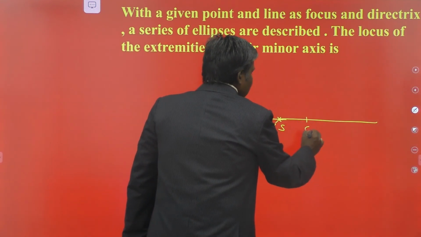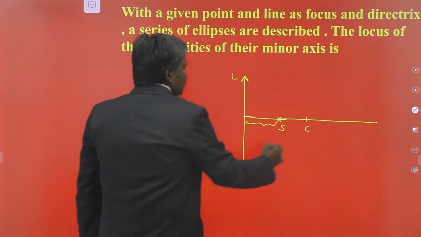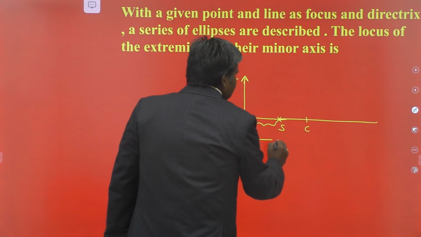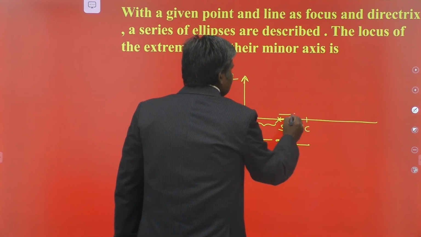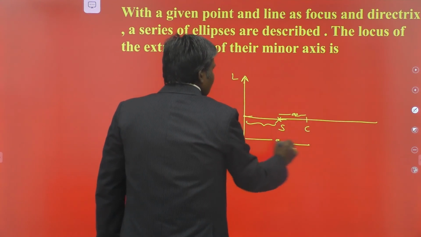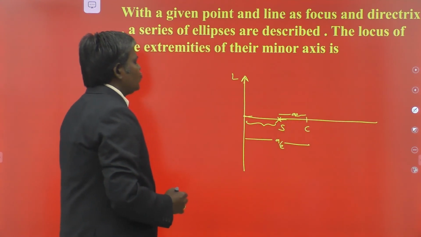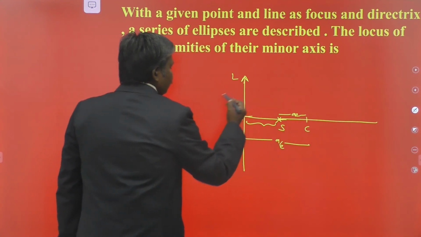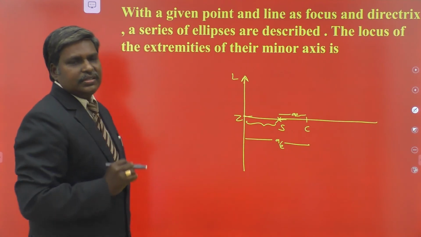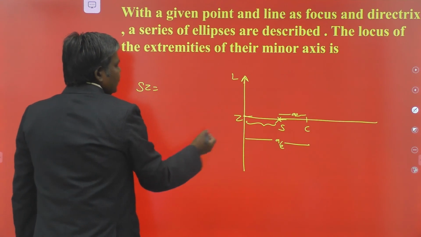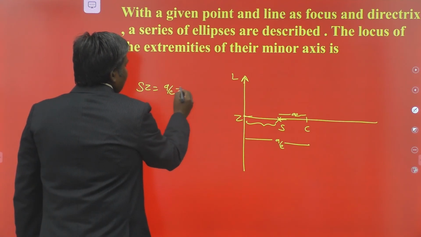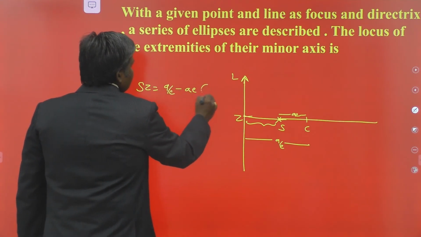Can you guess the distance from focus to directrix? Yes. If C is the center of the ellipse, the distance from center to the directrix is A by E units, and the distance from center to S is AE units. So, A by E minus AE gives your SZ value. That is fixed, that is constant. SZ is nothing but A by E minus AE.